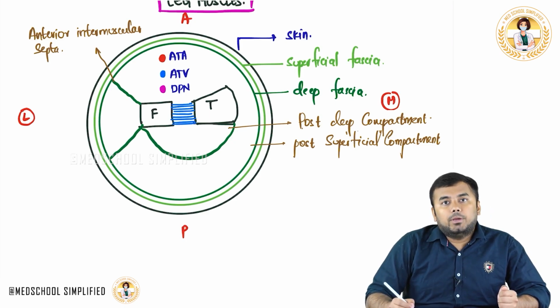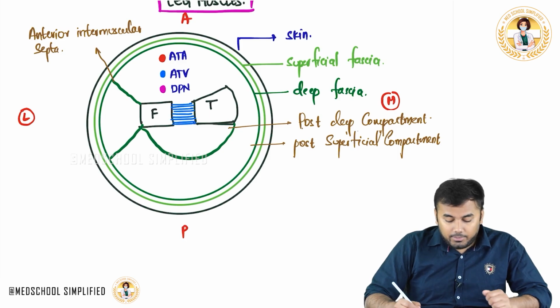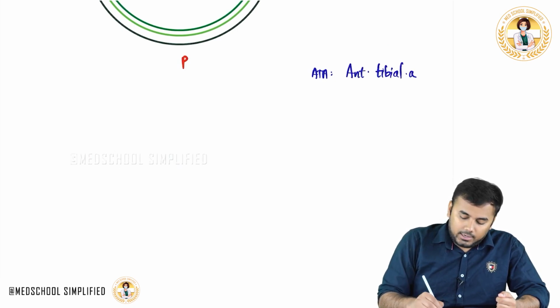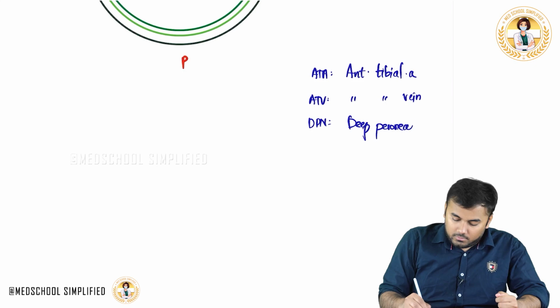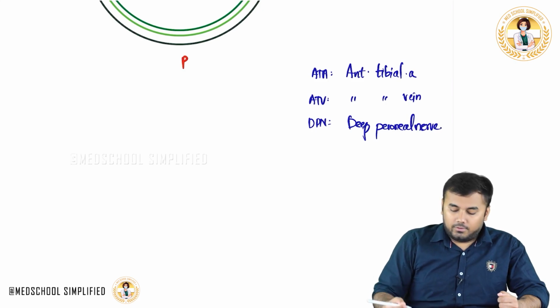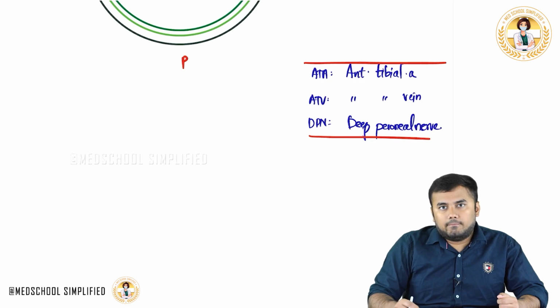ATA is anterior tibial artery, ATV is anterior tibial vein, and DPN is deep peroneal nerve. So these are the three important things you can see here.